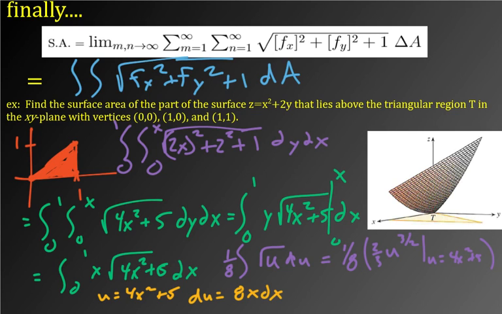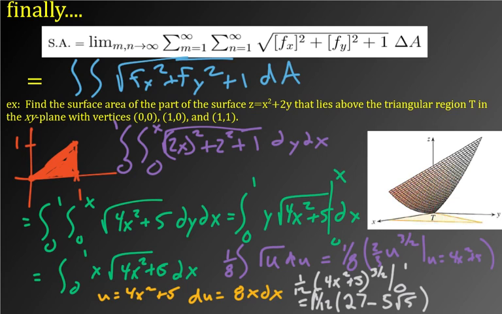Basically, I'm going to have a 1/12, because I'll have 2 over 8, leaving me with a 1/4, times 1/3 is a 1/12, and then it's times 4x squared plus 5, all raised to the 3/2, and then you have to plug in the bounds 0 to 1, and I'm just going to write what you should get, because I worked it out. It's just a weird, messy number. It's 1/12 times 27 minus 5 square root of 5.